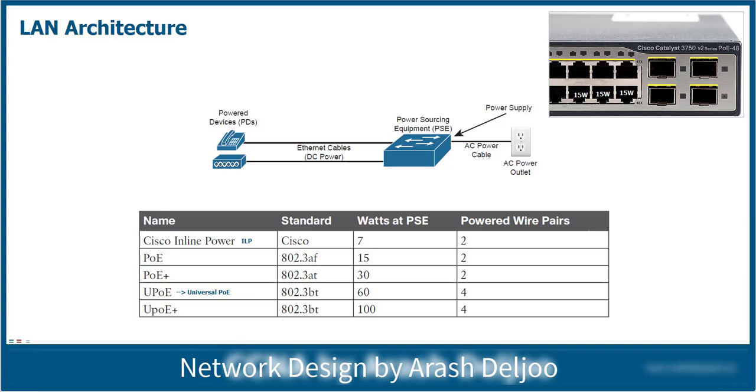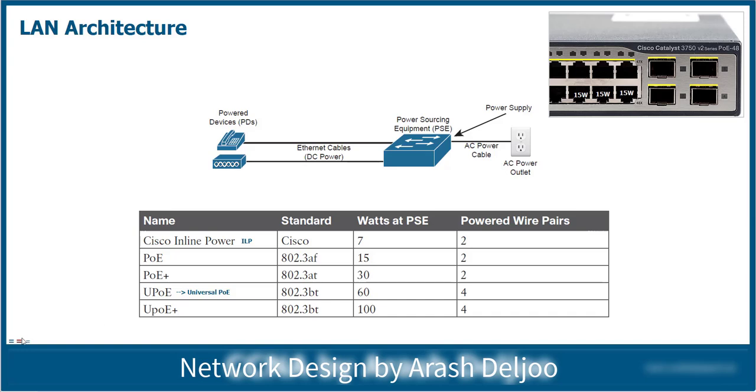For some reasons, for example connecting video conferencing systems or others, you may need devices that support UPoE or UPoE plus. For lower needs, such as an IP phone or an IP camera, maybe we can use PoE plus or PoE. Because of that, when you are designing your LAN, you need to consider which devices will connect to this switch. According to this requirement, you can select your switch.